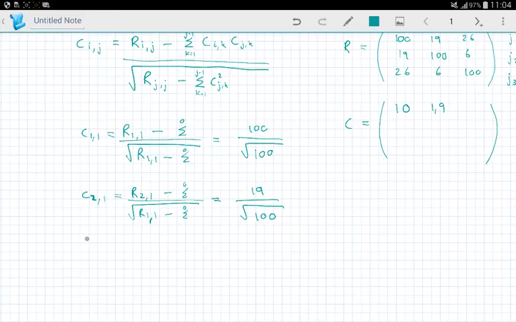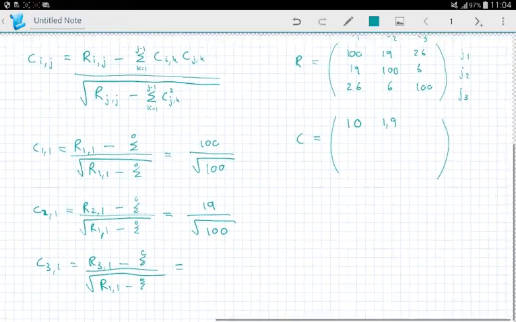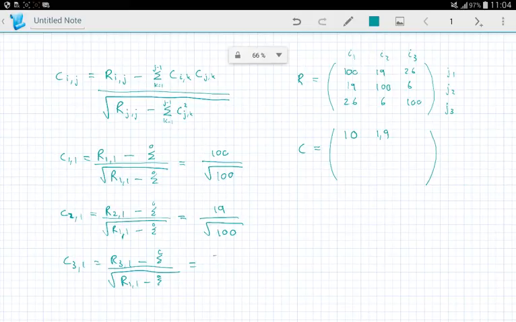Okay, then we're going to have C31 is equal to R31 minus sigma 0, over the square root of R11 minus sigma 0, which is equal to 26 over the square root of 100. Okay, that's 2.6. I don't know if I've messed this up now. Okay, let's try the next.